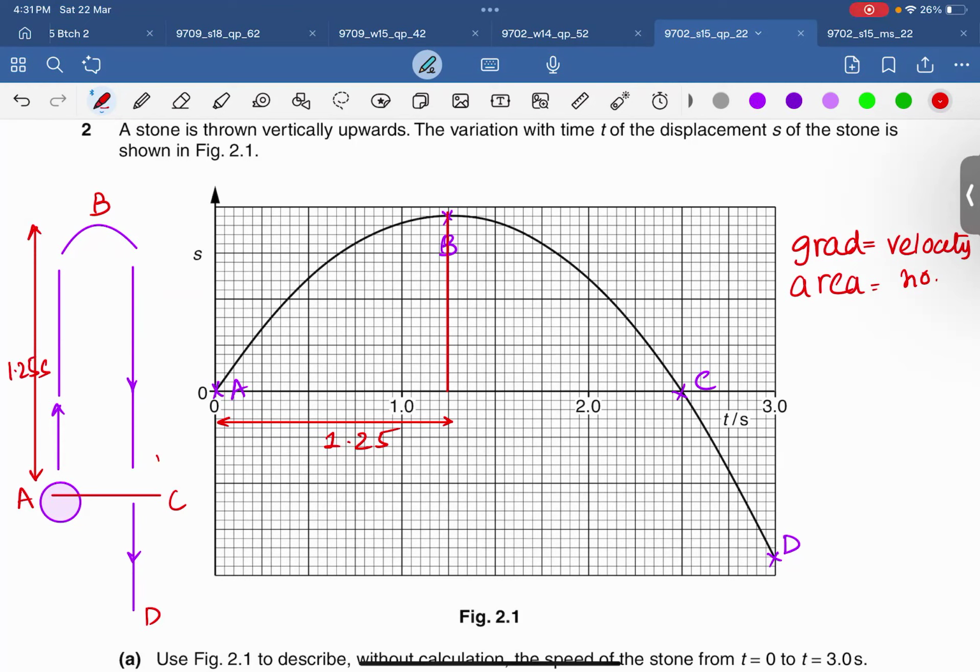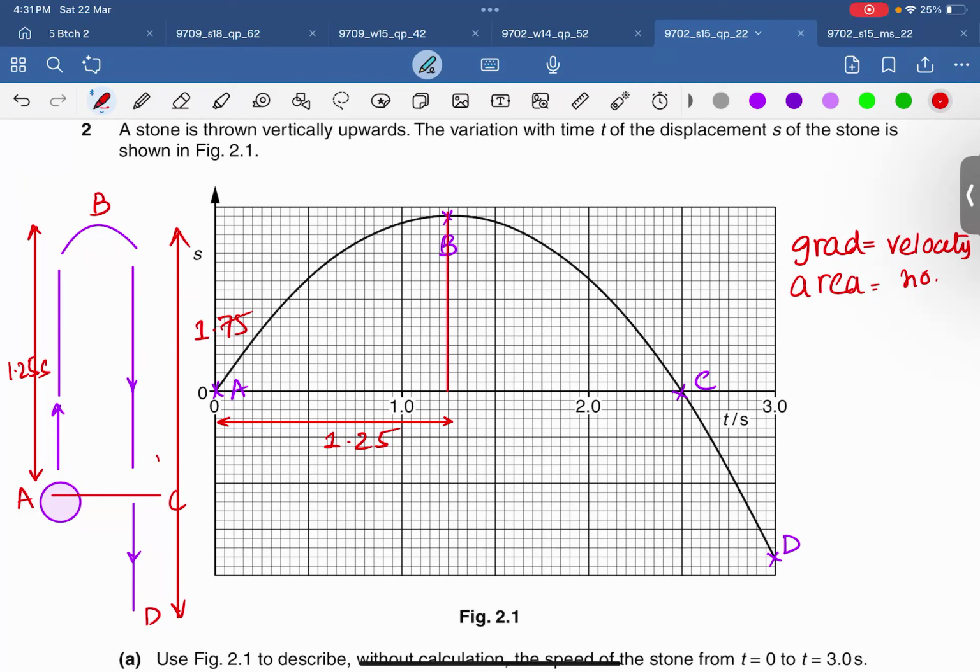And from this point downward till point C, it takes a time of I think 1.75, because this is 1.25 and when you subtract it from 3 you will get 1.75. Yes.